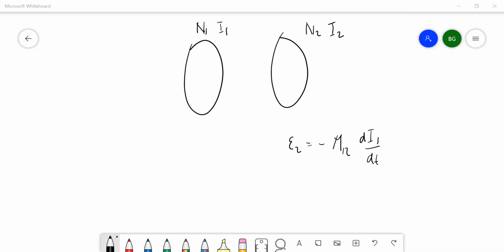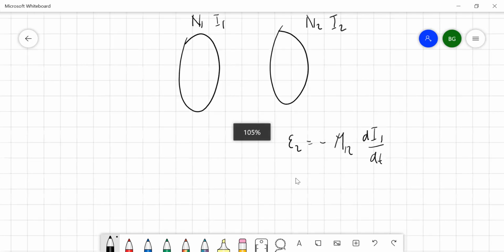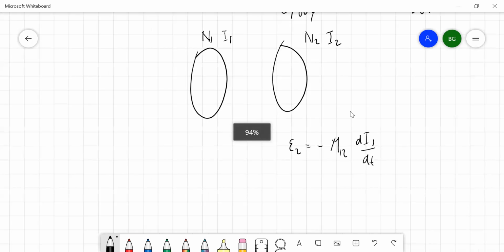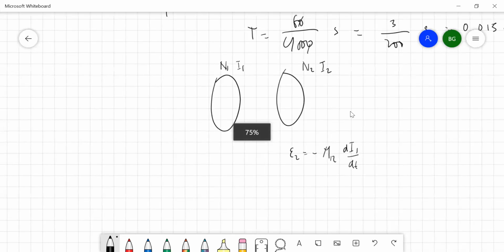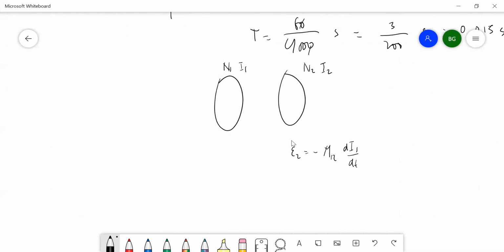So let's say at the beginning, we get this relation. Okay? Because epsilon 2 also depends on time, this induced I2 here also depends on time.